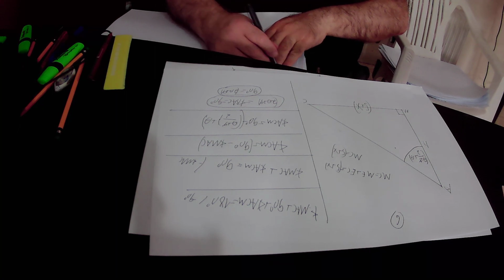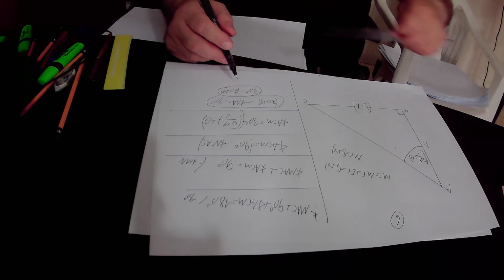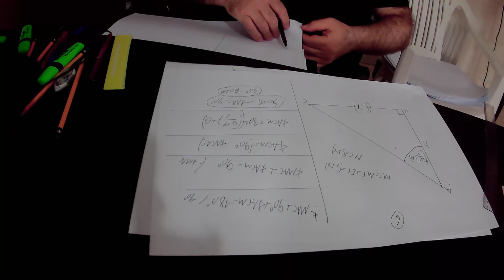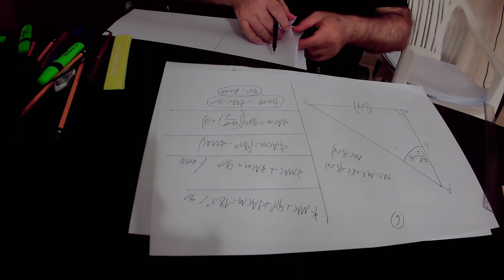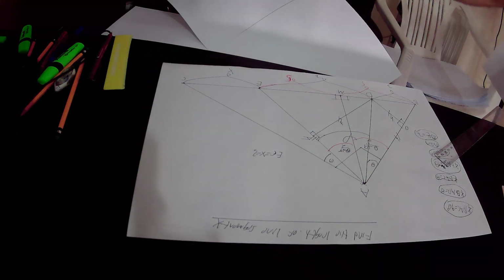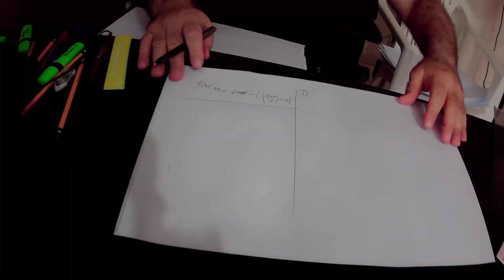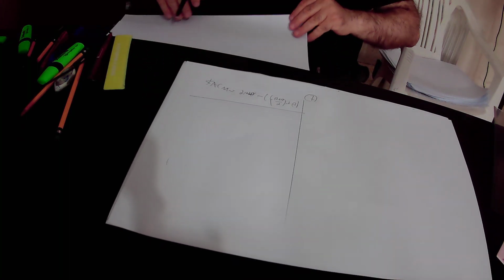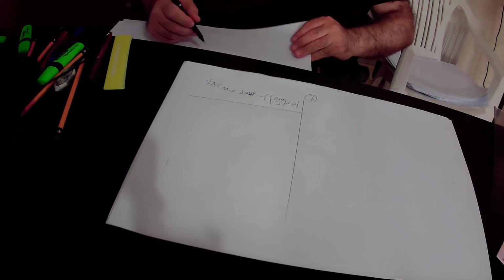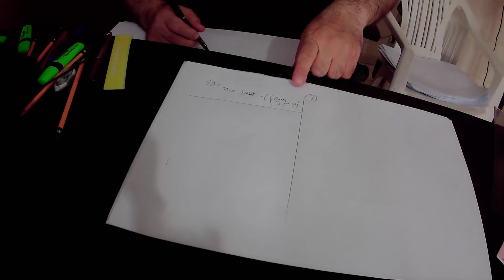So we actually substituted 90 degrees by 2 theta plus alpha, and we got this equation that states that angle ACM, the angle that we are looking for, equals 2 theta plus alpha minus theta plus alpha over 2 plus theta.